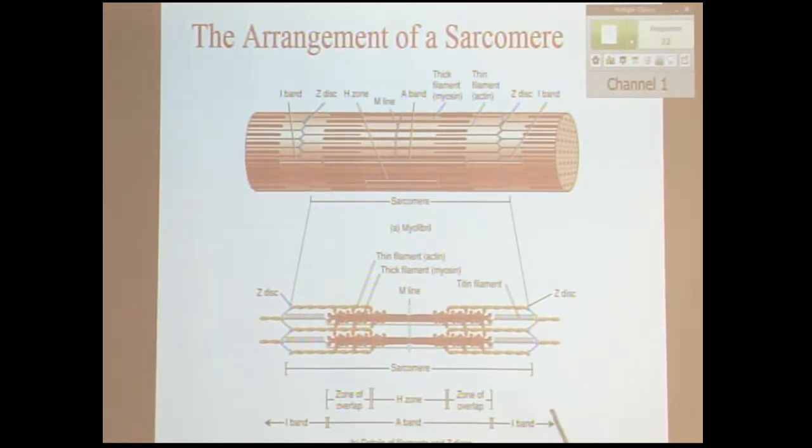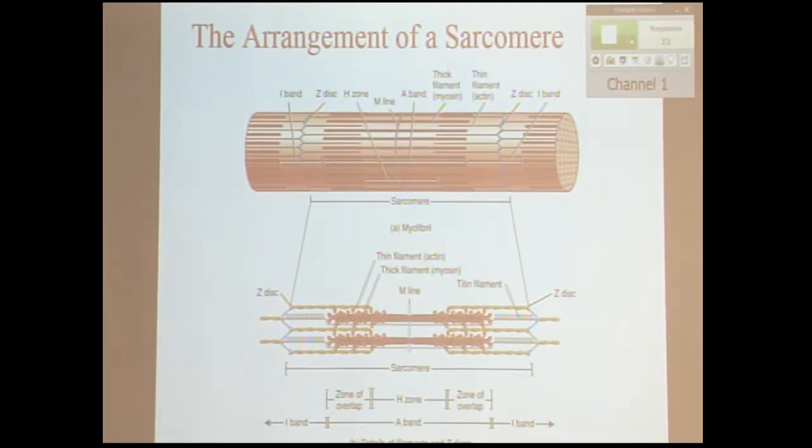And then the last one, this titin here. If you notice, it's attached all the way from the Z disc to the M line. So it's important for keeping that, letting it be extensible and elastic. It's that titin protein.